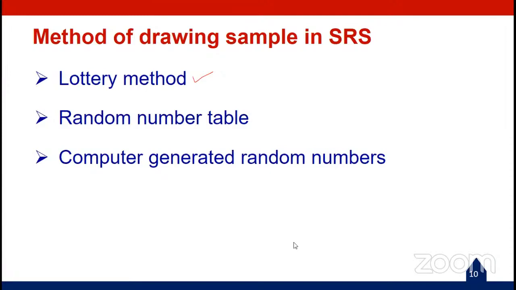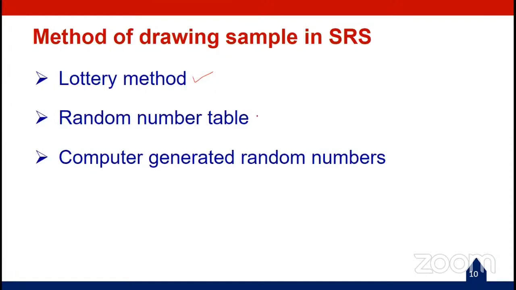But we will assign some unique identifier to each of these 250 individuals, and we will make 250 chits with respect to these 250 people, and we will thoroughly mix those chits, and we will pick 20 chits. So this is referred to as the lottery method.